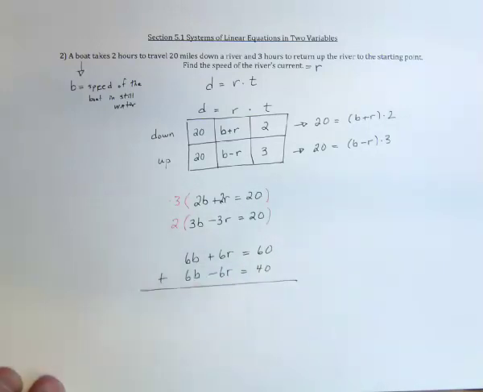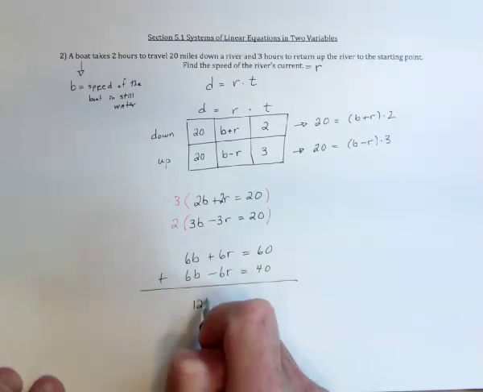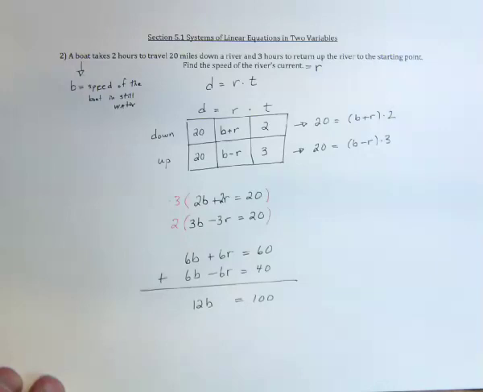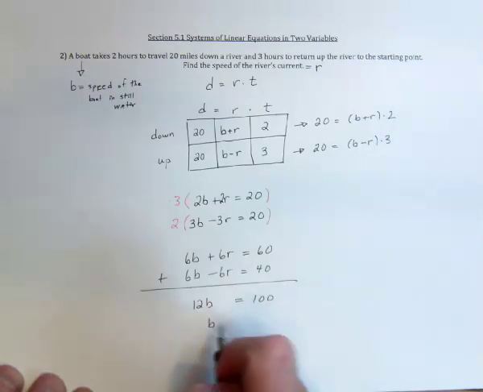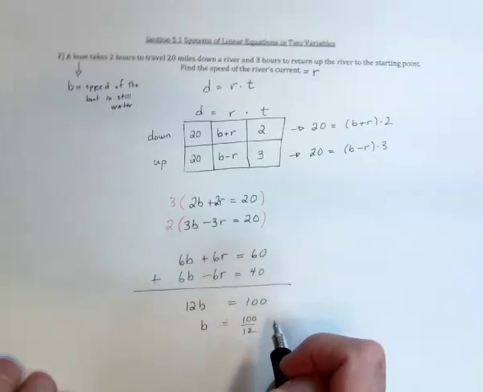And now, if you combine like terms, these are going to cancel. These will make a 12b equals 100. So the boat was traveling at 100 divided by 12.